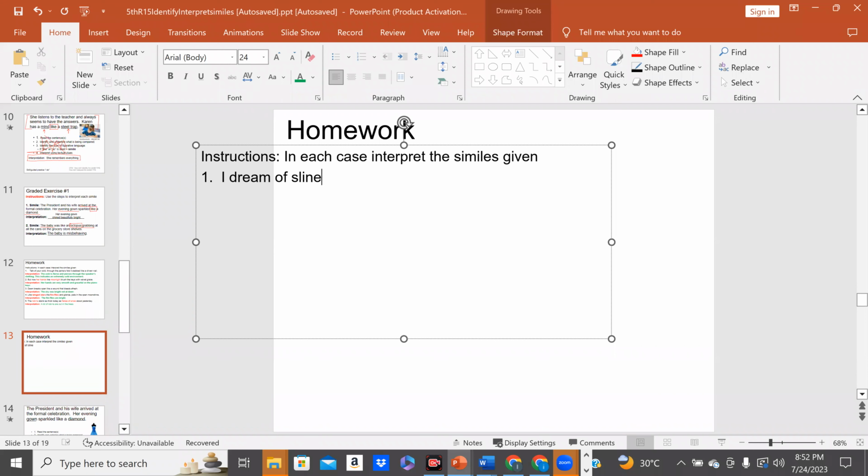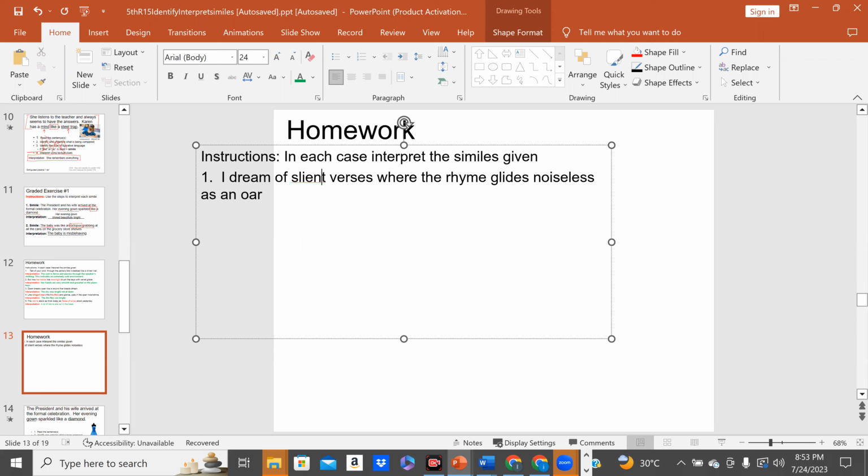So I dream of silence versus where the rhyme collides noiseless as an oar.